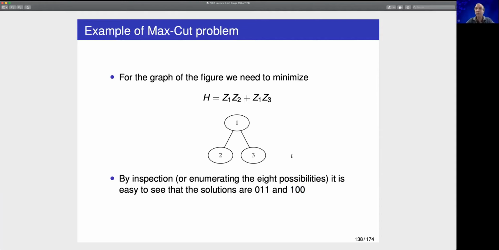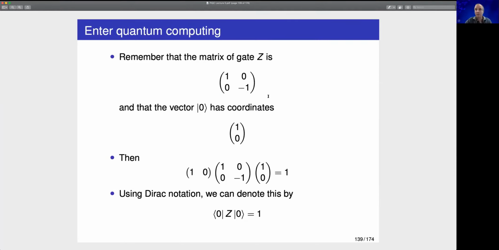Now we can transform this into something that we can approach with a quantum computer by taking into account that, well, this can be the state of a qubit register, and we can use this as the operators, the Z operators that we have been studying in our quantum circuits, okay?